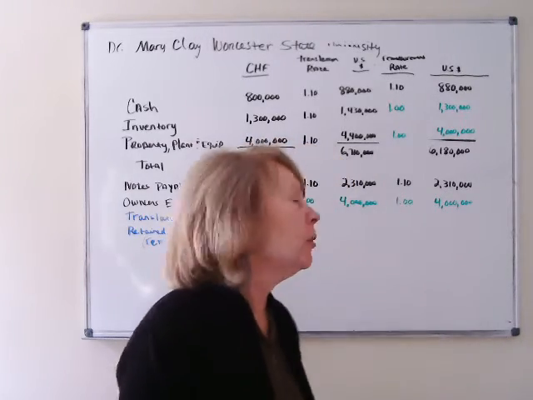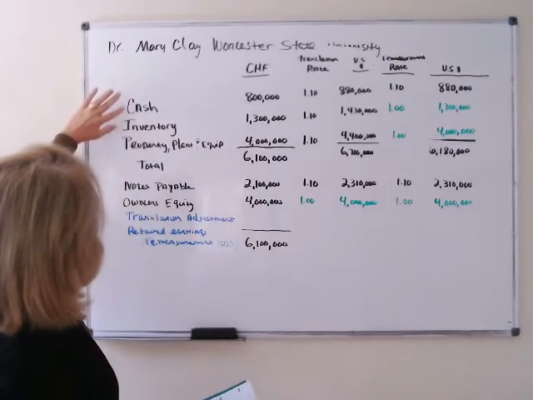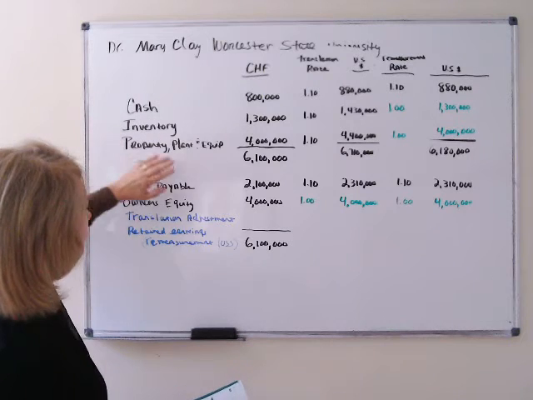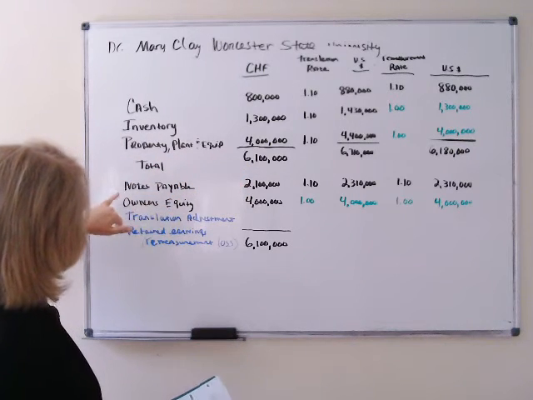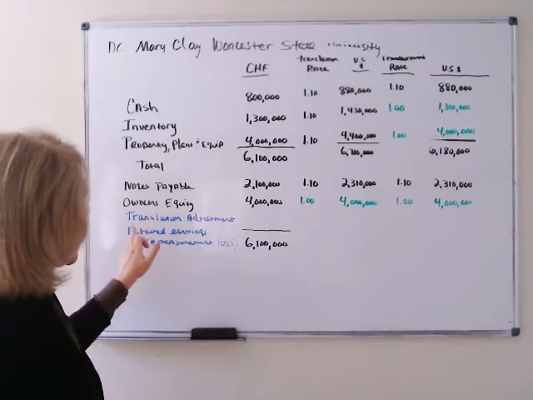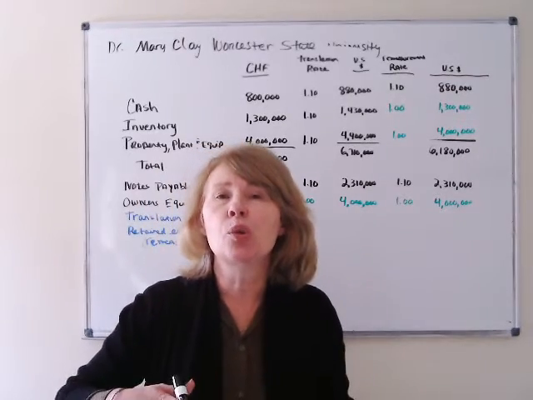All right, let me go to the board. So I started this for you. Here's their balance sheet. They have cash, inventory, property, plant, and equipment. They have a total. Then they have notes payable, owner's equity. Notice that there's this translation adjustment. That's when you translate.